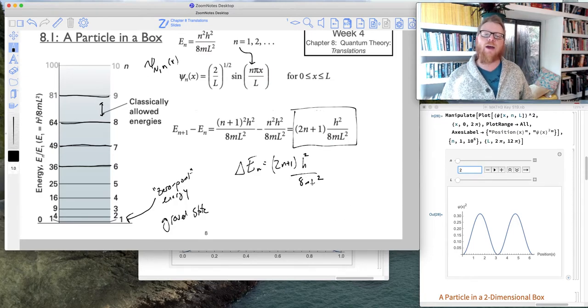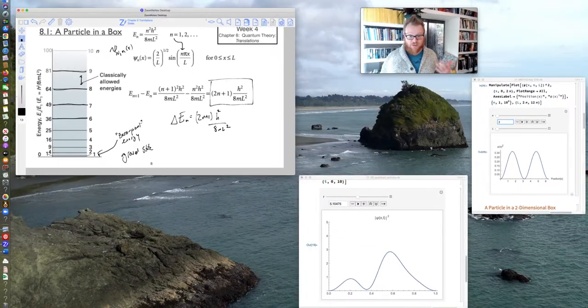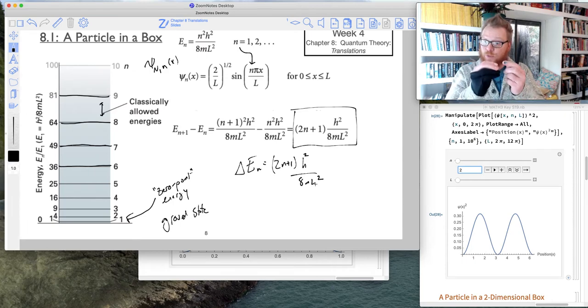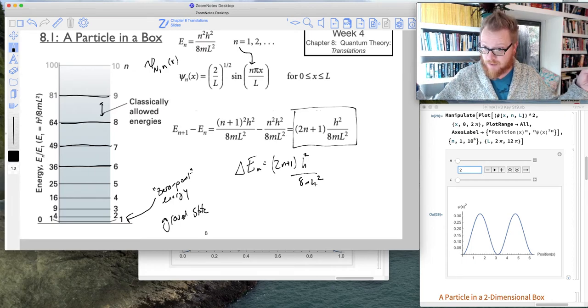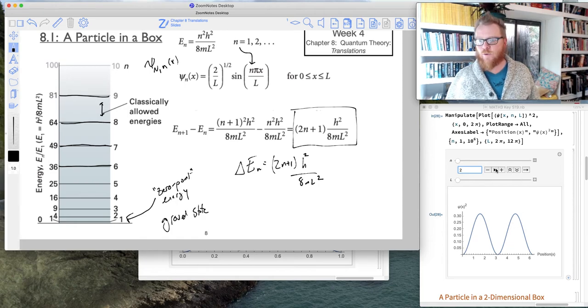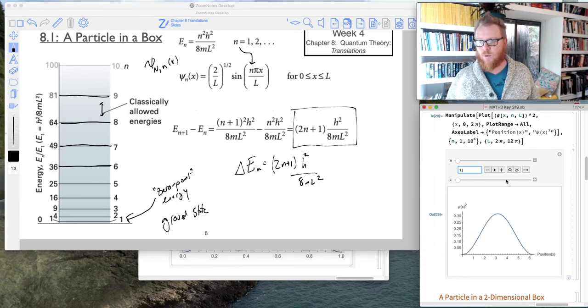So now, on the other hand, what if we made the size of the box really big? So this is another thing we could do. We could keep the value of n fixed, so we keep it on the same quantum number. But what happens if we really stretch out the box, if we make the box bigger, okay? So I can do that over here. Let's go back to the n is equal to 1 example.